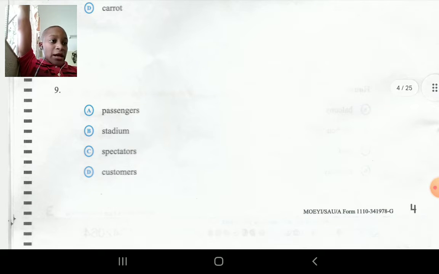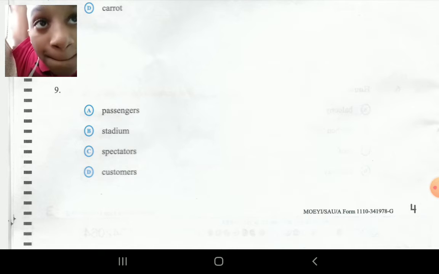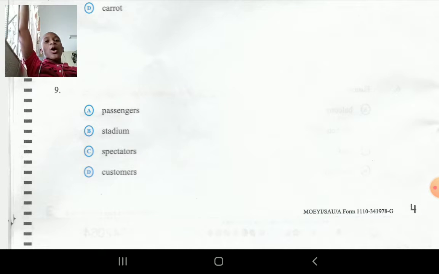Number 9 on page 4. Let me read the options real quick. A, passengers. B, stadium. C, spectators. D, consumers.